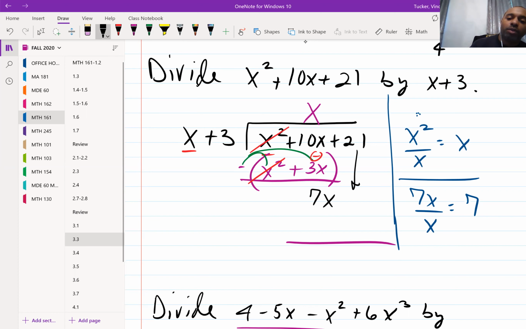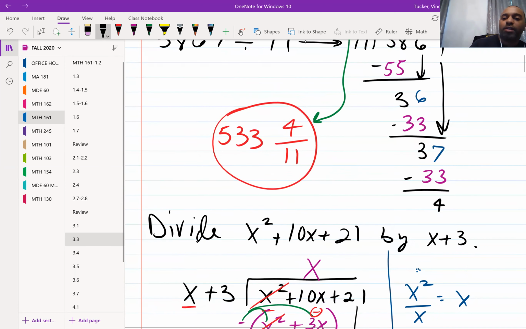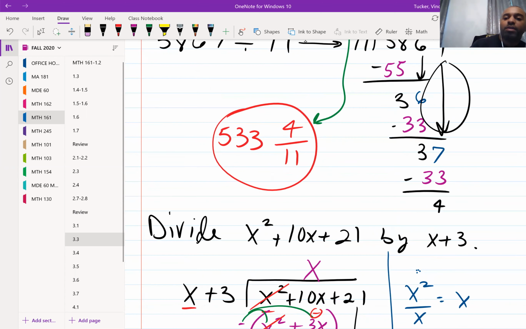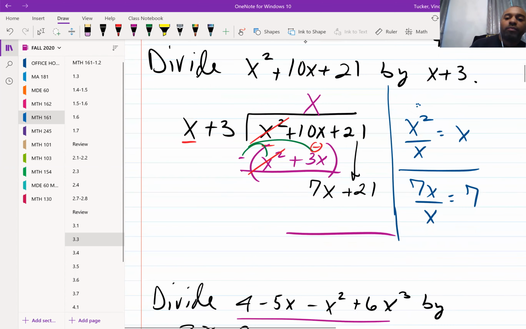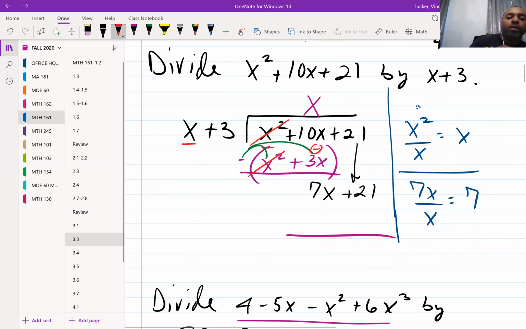Bring down 21. So like I said, the process is the exact same thing. We bring down the numbers. Then you compare your first terms again. What times x will give me 7x? Or look at it this way, 7x divided by x. Either way, you should get the same result, which is positive 7.